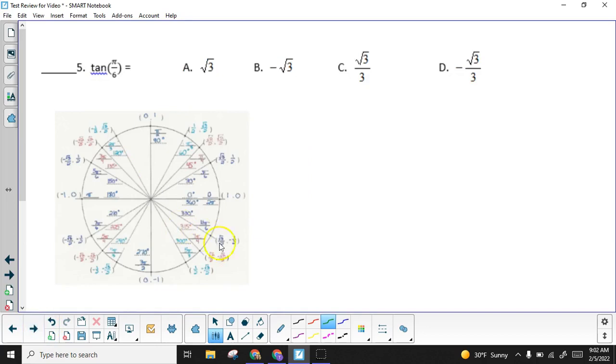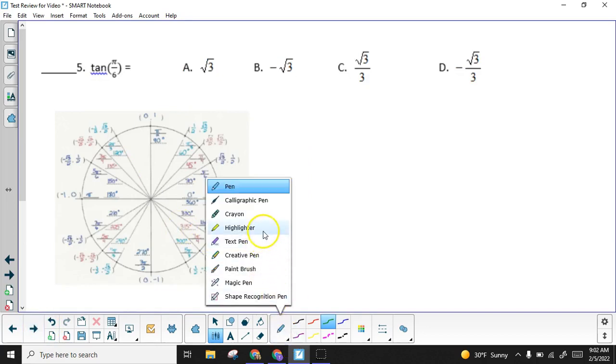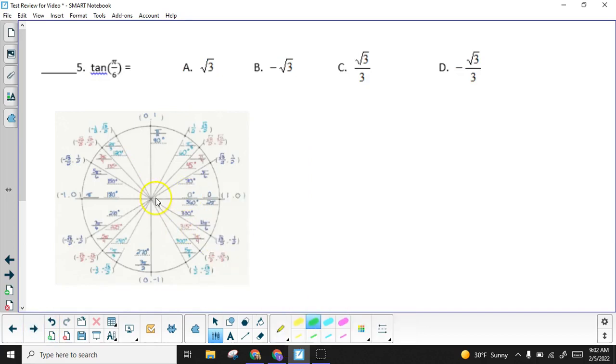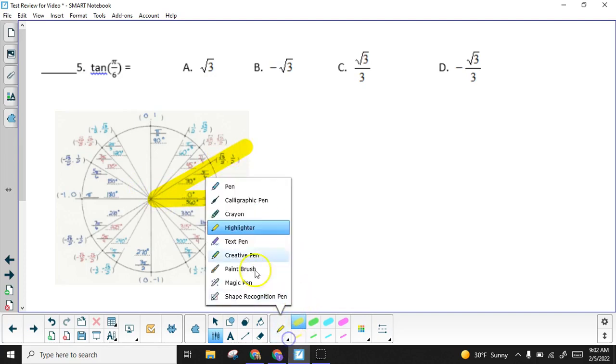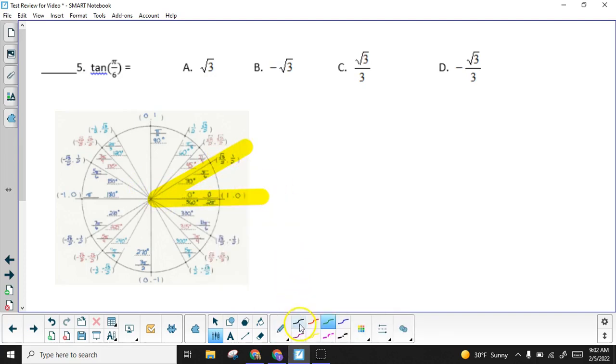For number 5, we're asked to find the tangent of pi over 6. And pi over 6, our initial side on the positive x-axis, pi over 6 is right here in the first quadrant, and our coordinates are root 3 over 2, 1/2. Now, I'm hoping that we remember that tangent is y over x. It's our opposite over adjacent side, so we're looking for y over x.